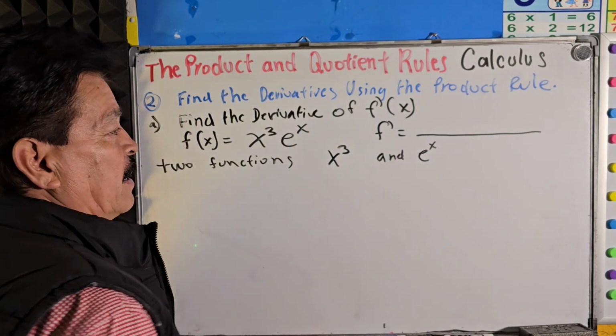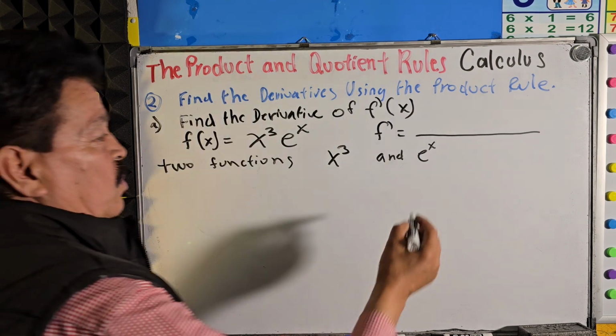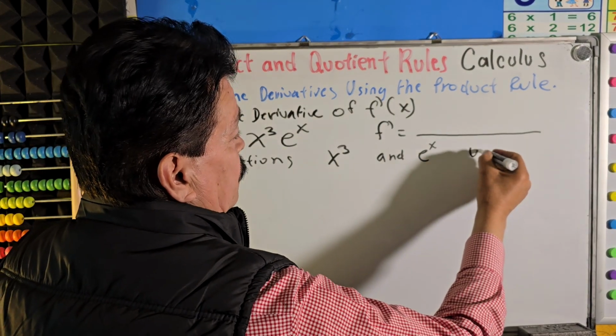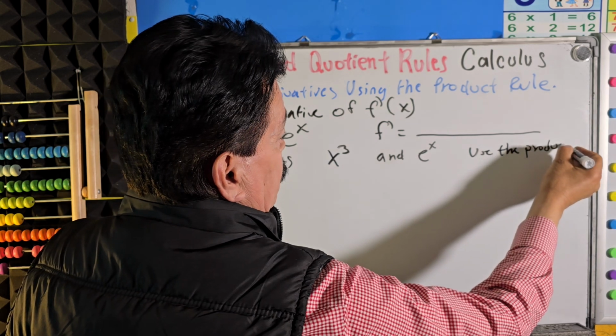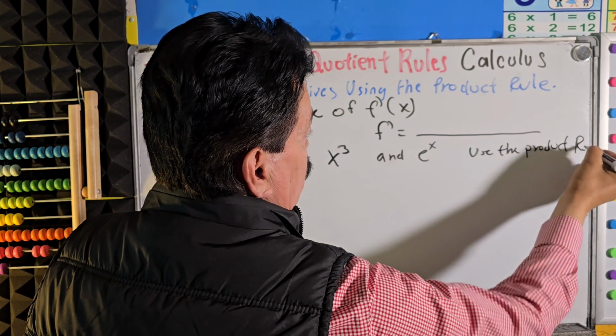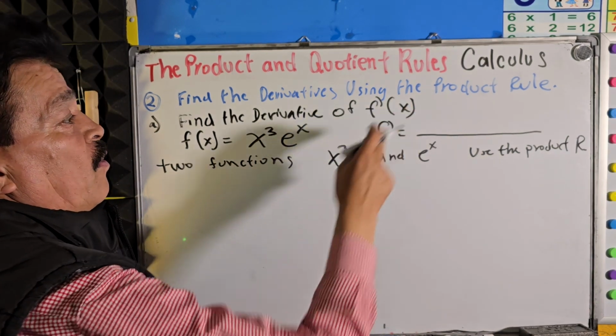And then we have to use the product rule to find f prime of x.